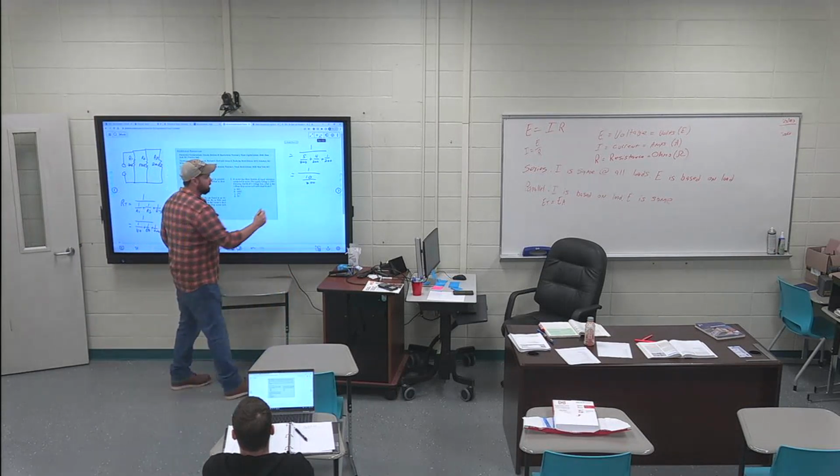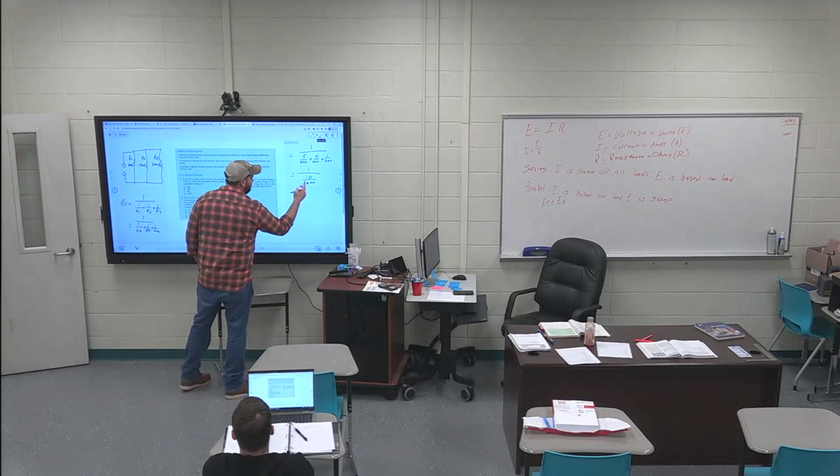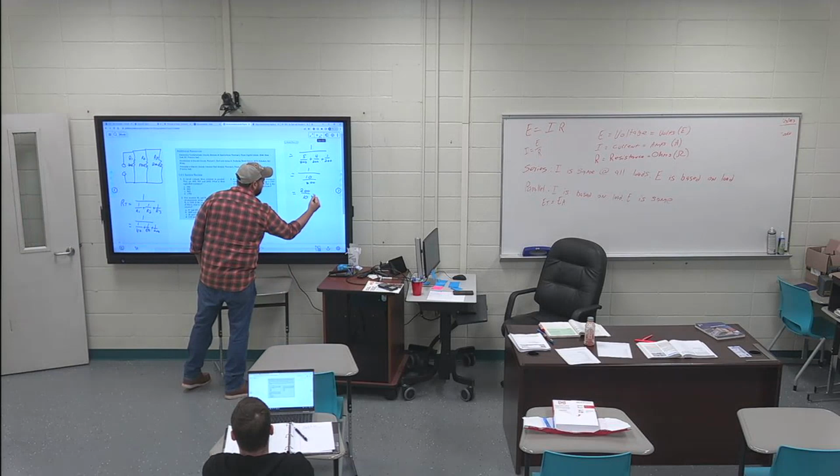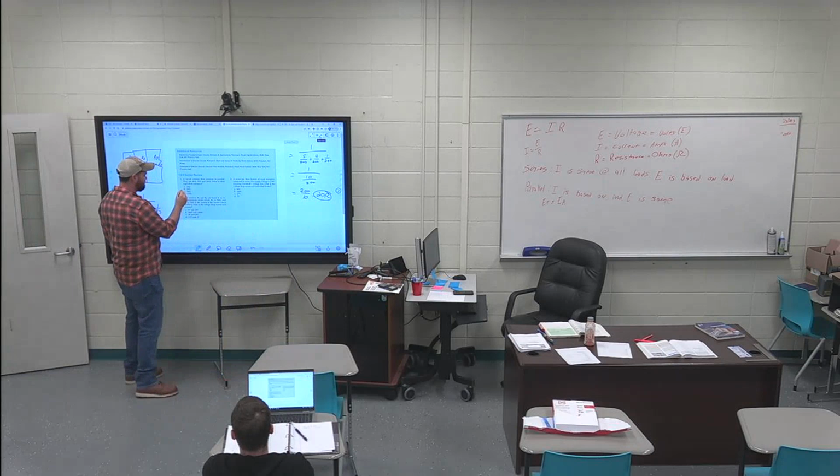I can do the reciprocal right here, and I can flip that over and have 200 over 10, which is 20 ohms, which is B.